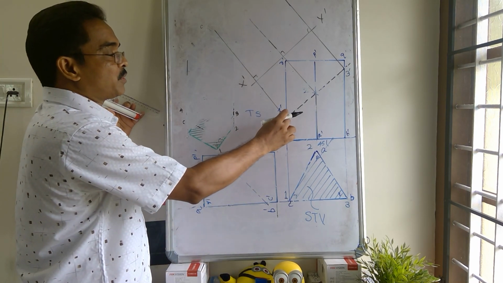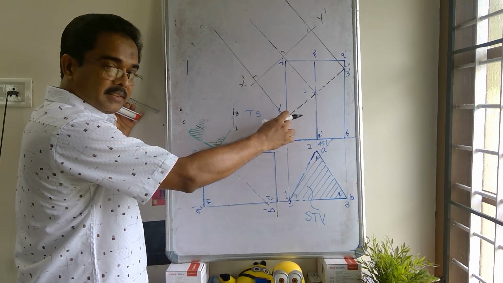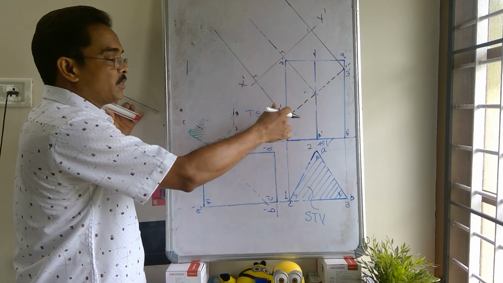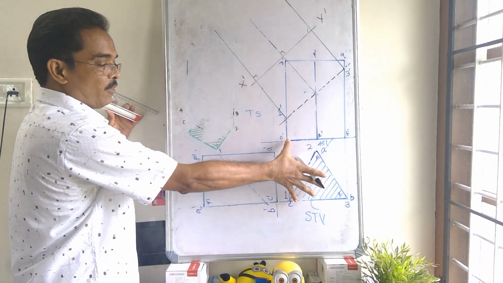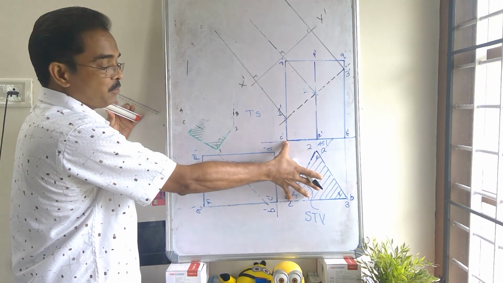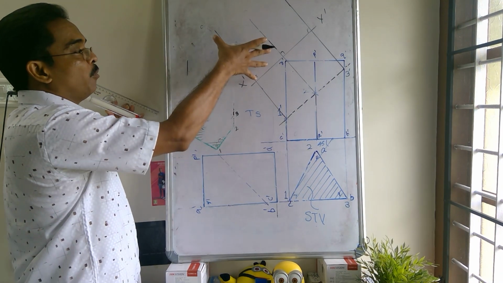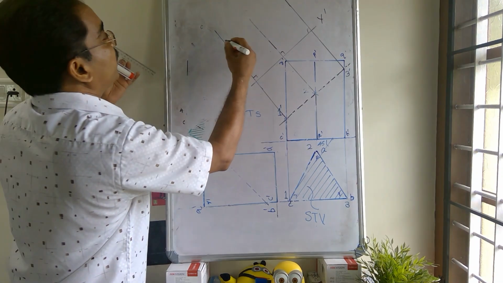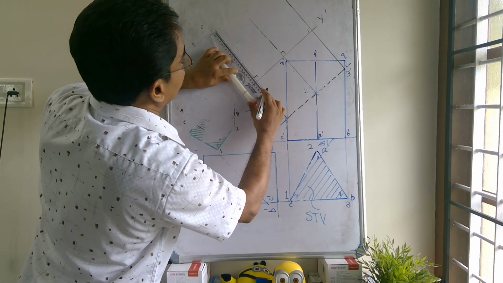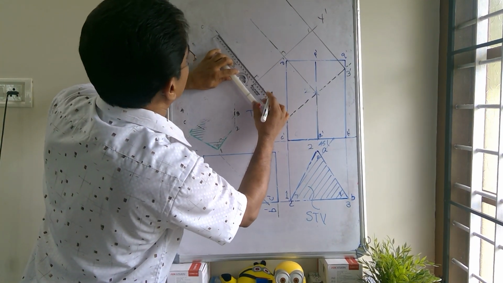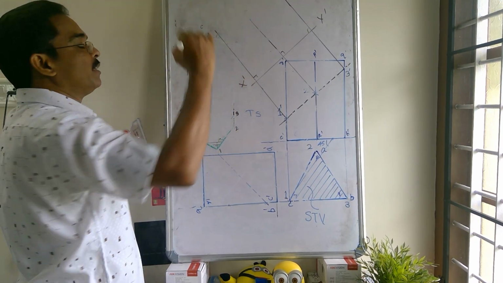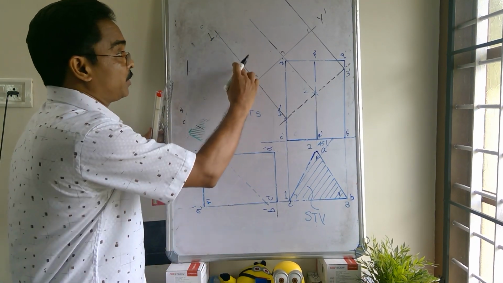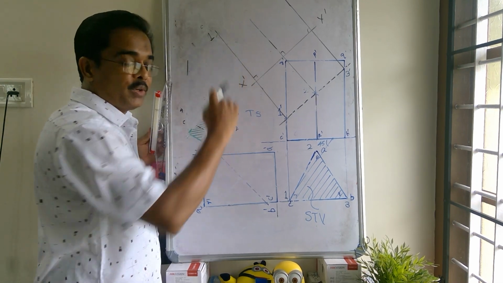Now in order to get the true shape of the point 1, what you have to do is apply the trapezoidal method. That is, take the distance of 1 from the xy line, mark it here, and we will be getting the top view of the true shape of the point 1.